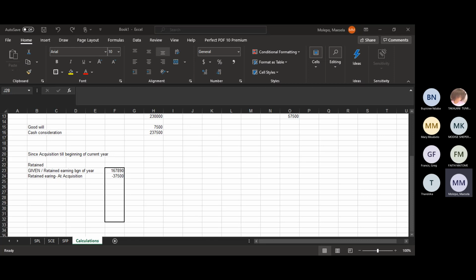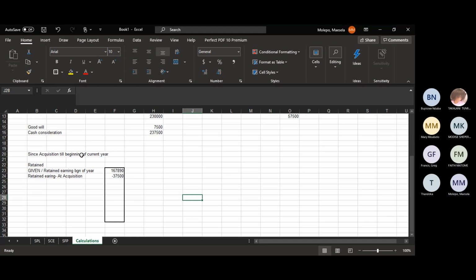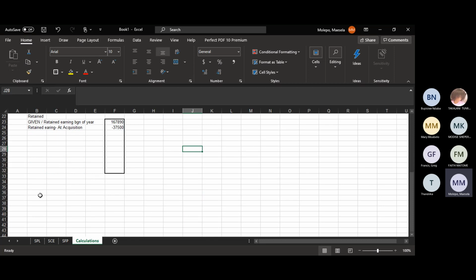But since we want to know anything that happened between the beginning of acquisition until the beginning of the current year, this won't form part because it happened only in the current year. Adjustment number 5 and adjustment number 6 all happen in the current year. So they're not going to affect this portion of since acquisition to the beginning. They're only going to form part of the current year, the bottom part.